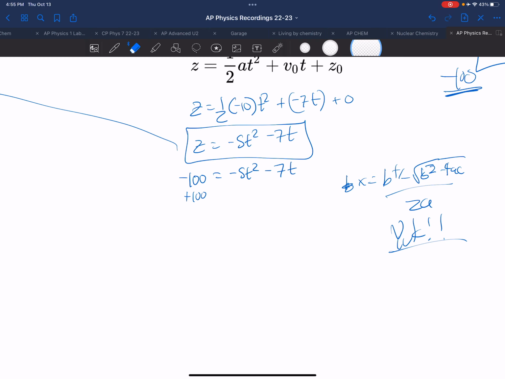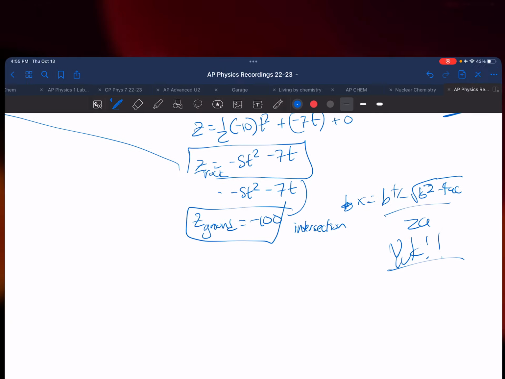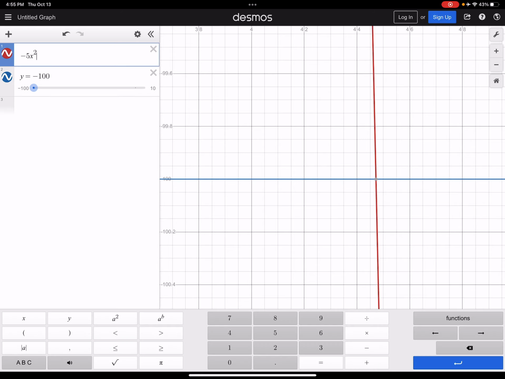Now, we have our equation, which is z equals minus 5t squared minus 7t. That's the z of the rock. The z of the ground is equal to minus 100. So we want to know when these two things meet. Graphically, this is an intersection. So we go to our Desmos, and we already have that there, but it's now minus 7x.